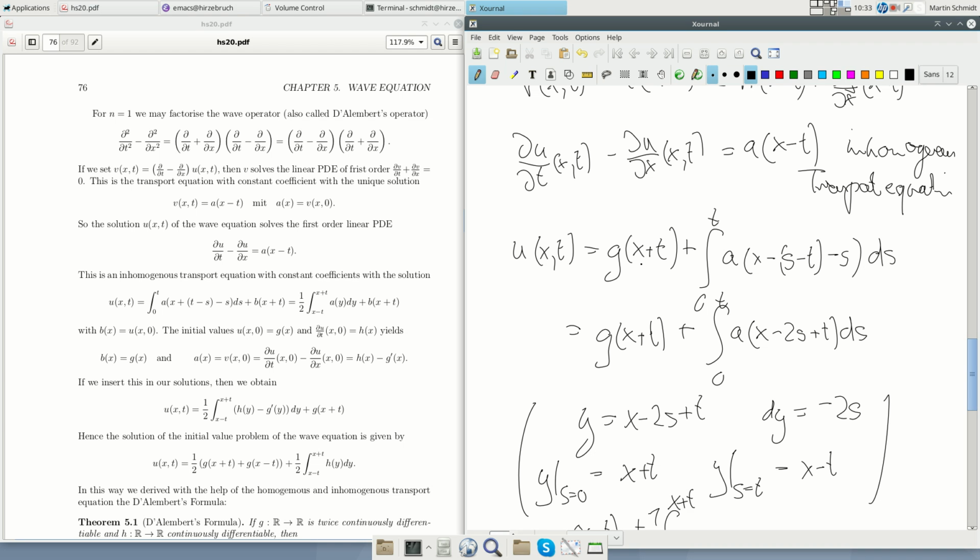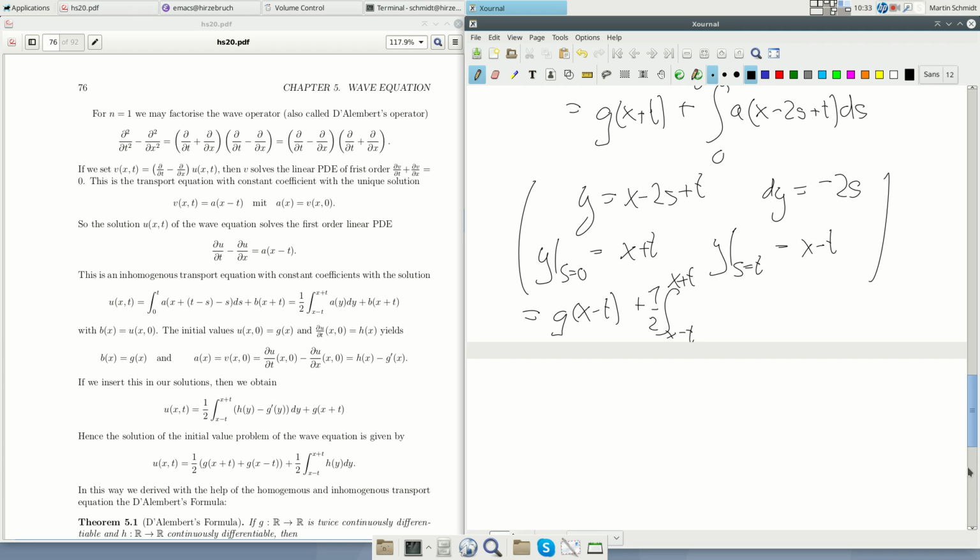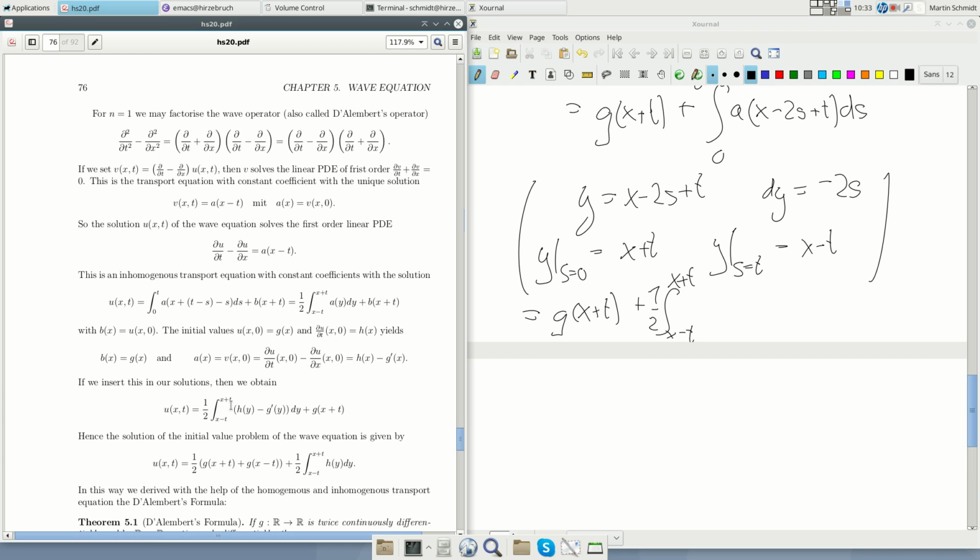Sorry. Here, for the second transport equation, the inhomogeneous transport equation with b equals minus 1, we always get a plus here, and here also a plus, and then we insert this integral.